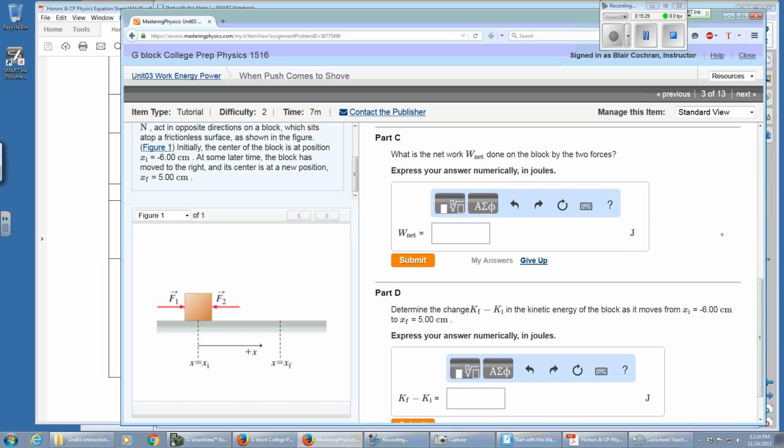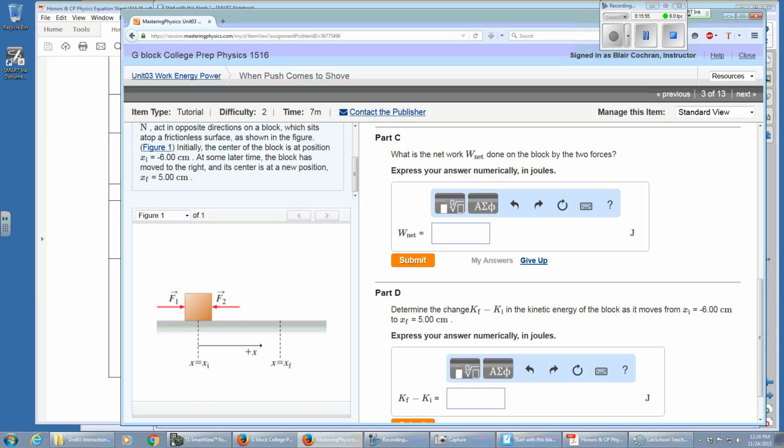Part C and D. In part C, the net work. That's the total work, right? How many forces do I have on this block doing work? Two. Now, we know that there's a weight of the block and a normal force, but there's no work because we're not moving in that direction. So only these two do work. How am I going to find the total work?